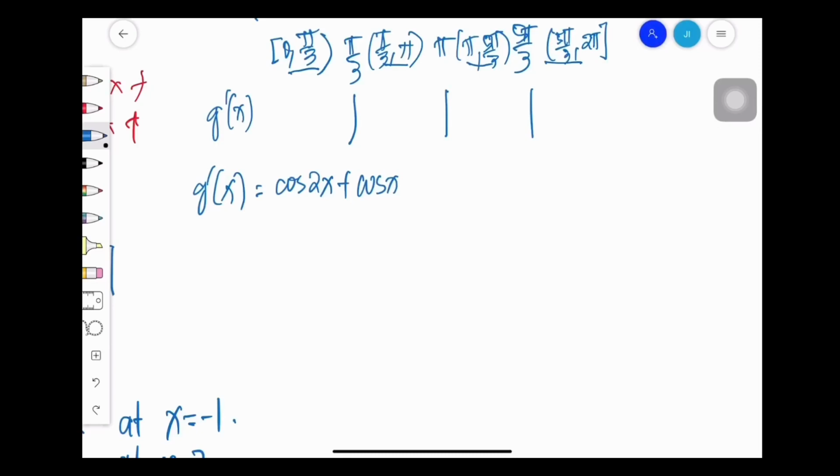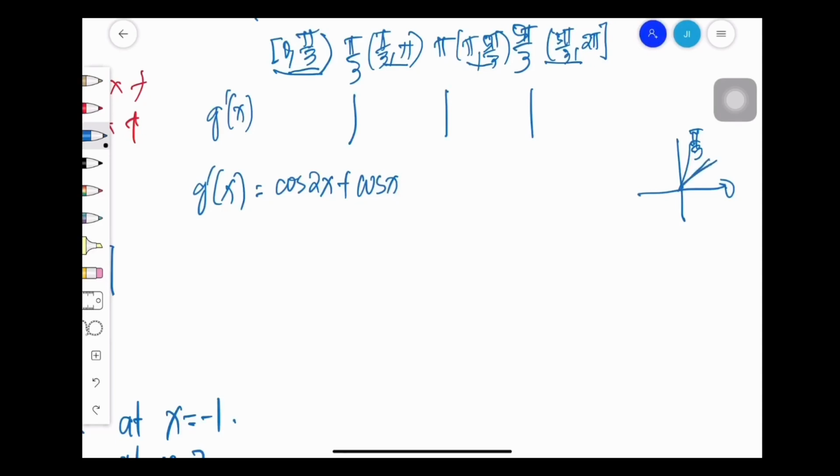Now, let's pick a number between 0 and pi over 3. This is 0, this is pi over 3. Since we're dealing with arc lengths, it is better to pick special angles in between them. So in this case, pi over 6 is a nice choice.